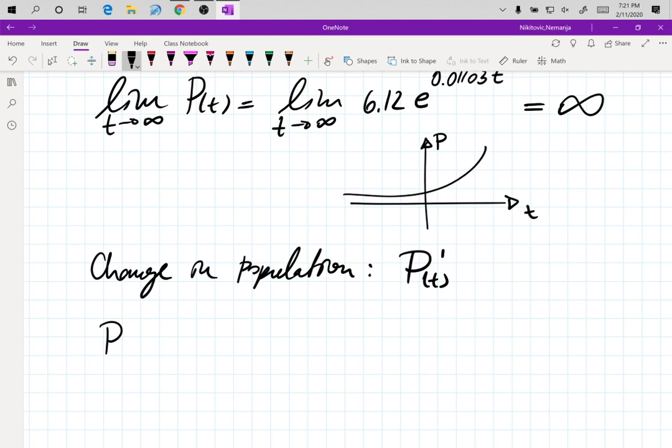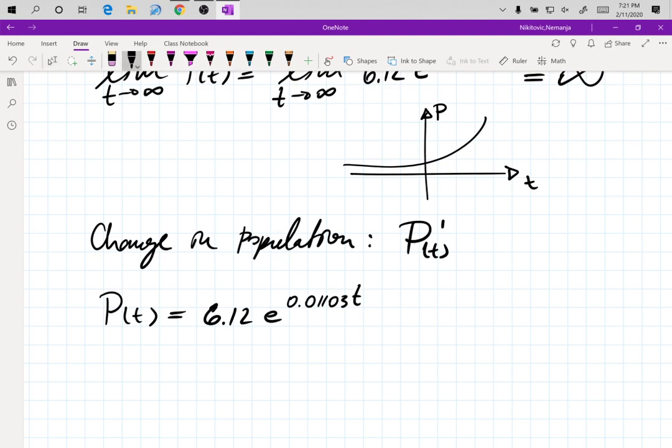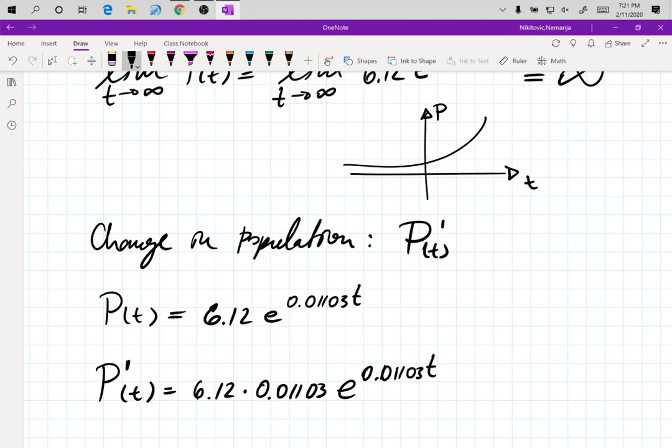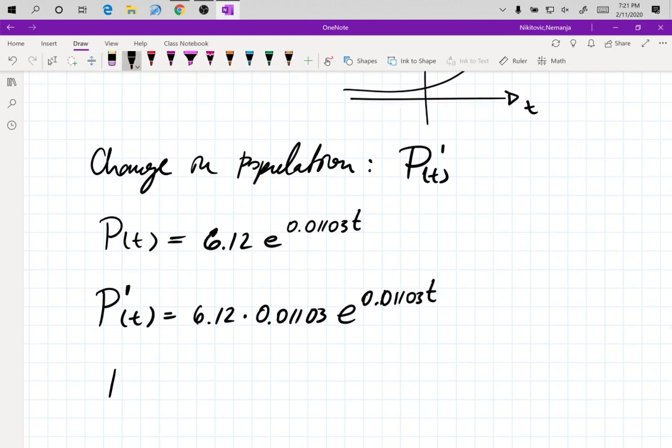So if your P of t was 6.12 e to the 0.01103 t, your P prime of t is 6.12 times 0.01103 e to the 0.01103 t. You multiply these two numbers on the abacus.